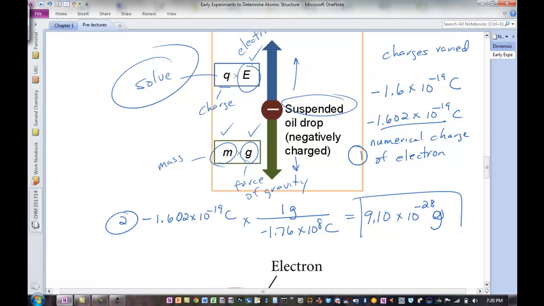Look at that mass. Look how incredibly small that is. Could we weigh that out on a balance? No, heck no. But knowing the charge to mass ratio from Thomson's experiment, and now the numerical charge that Millikan figured out, he took those two pieces of information and calculated the mass.